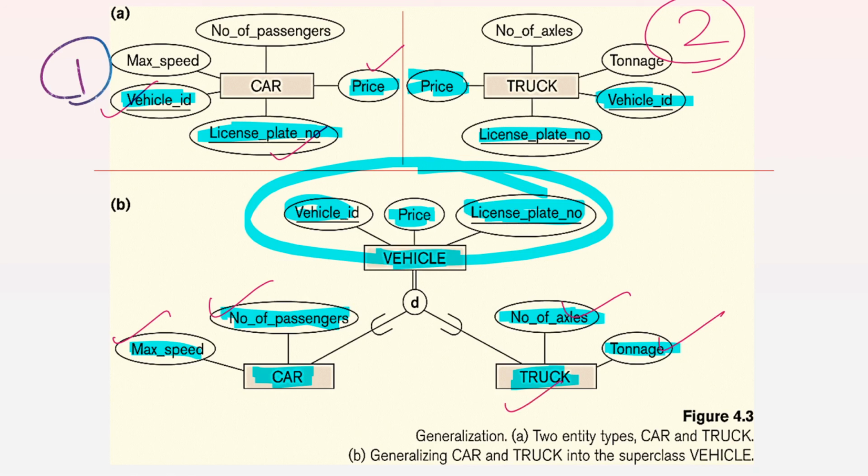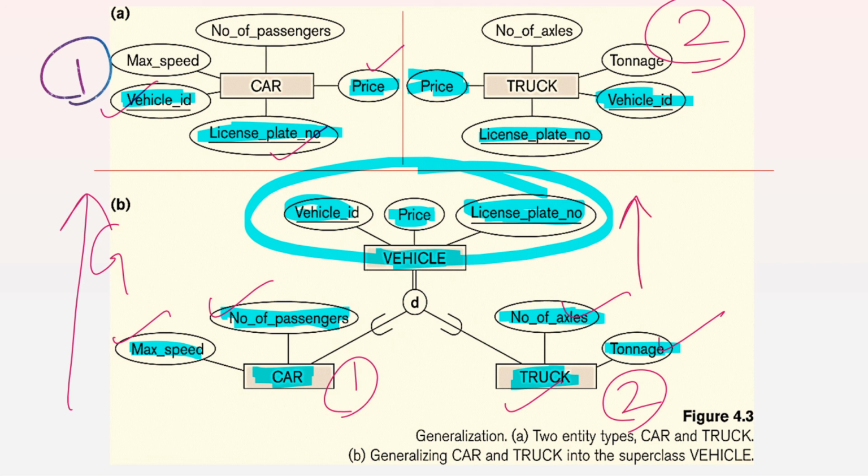So here we are going in a bottom up manner to generalize. We are generalizing two entities, first car and second truck, to the vehicle. So we are generalizing multiple entities to one entity or one superclass.